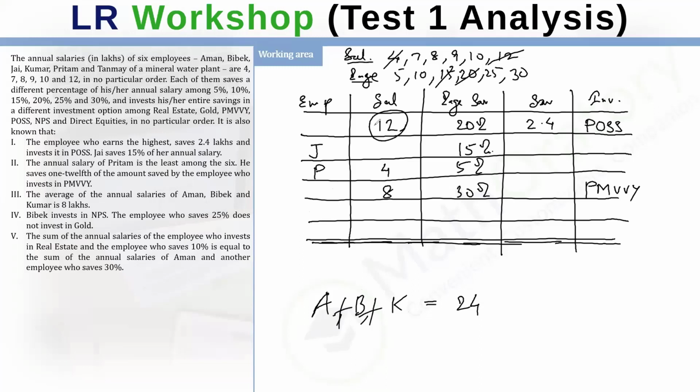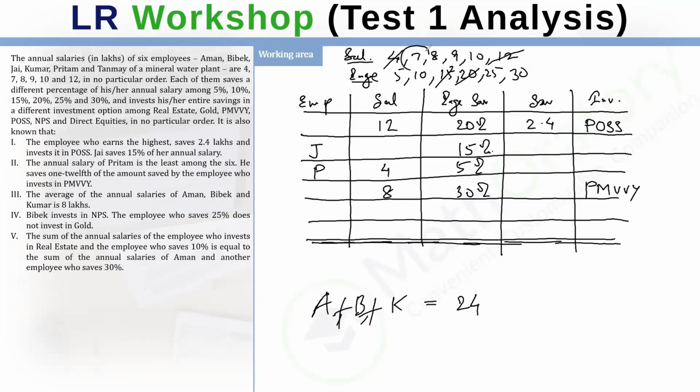That much is for sure. This 12 or 8 could be. We don't know the person who this is. But in order to have the average as 8, one possibility is that all of them are 8, which is silly in this context because everybody has a different salary. If all the values are not 8, then at least one value has to be less than 8, right? So if at least one value is less than 8, 4 is already gone, right?